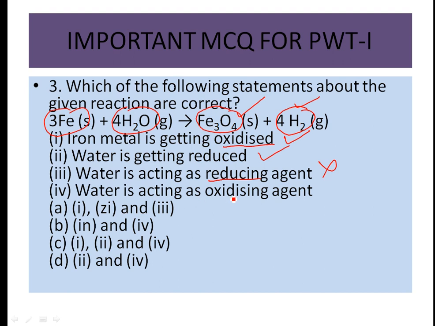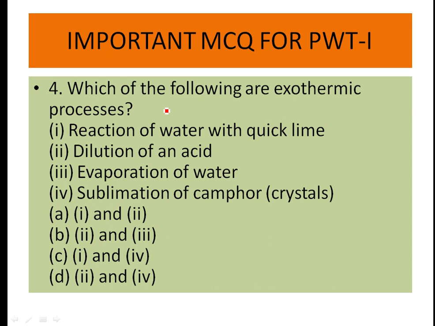Fourth, water is acting as oxidizing agent. Oxidizing substances are those substances which provide oxygen. So in this reaction, water is providing oxygen here. So first, second and fourth options are correct in this statement. So the correct answer will be here option number C.